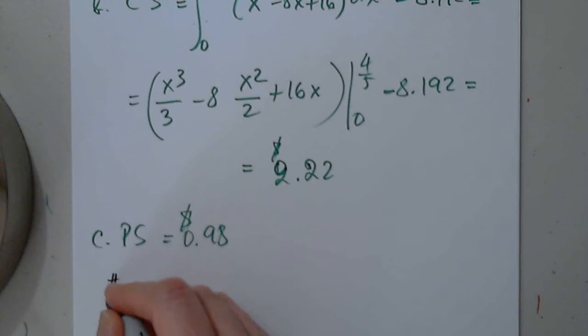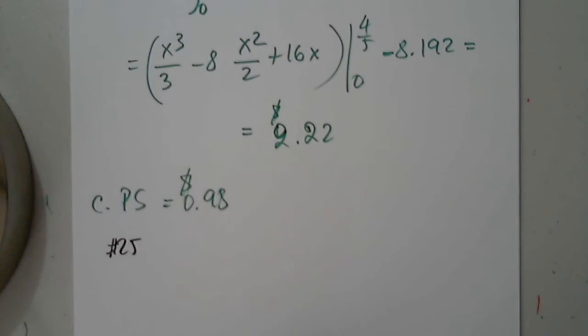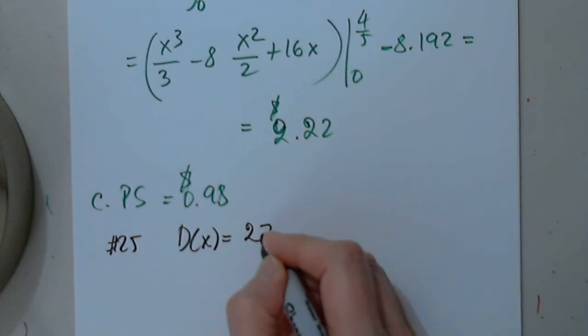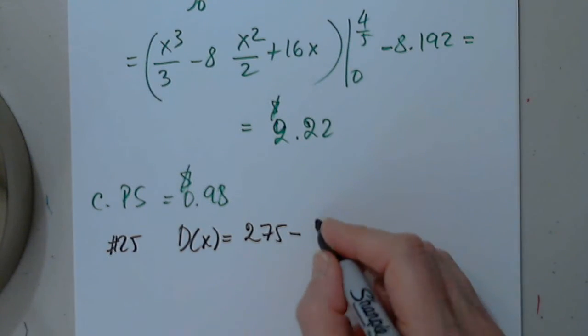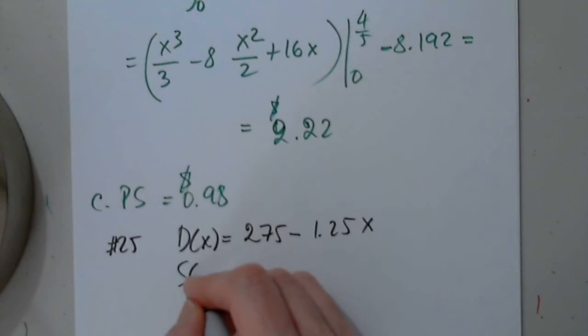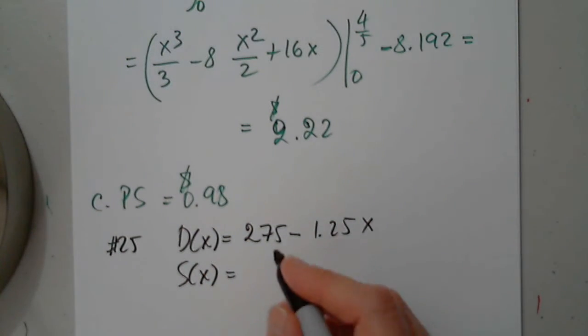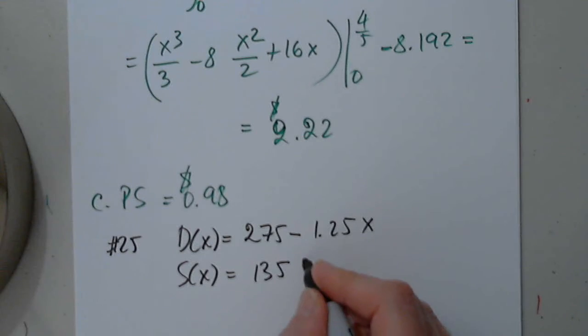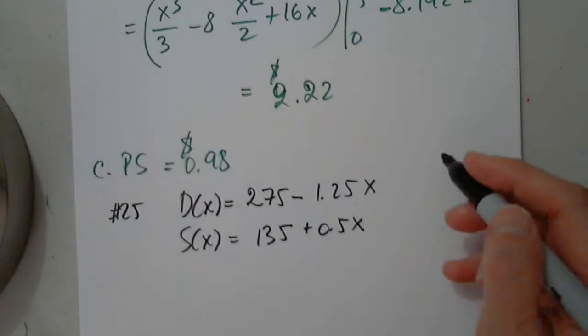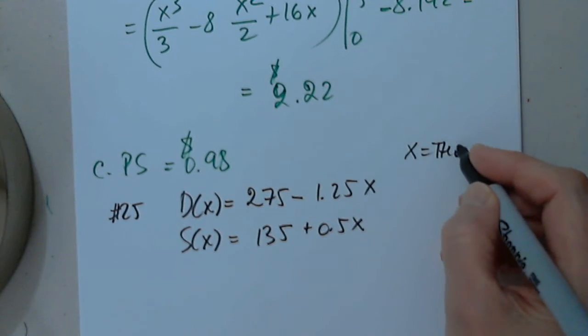So let's look at 25. We are given the demand. Maybe these numbers are nicer, but I doubt. We'll see. And the supply is given by S of X, 135 plus 0.5x, where X is in thousands.